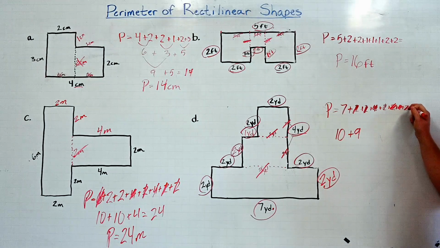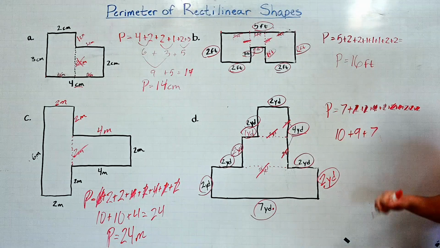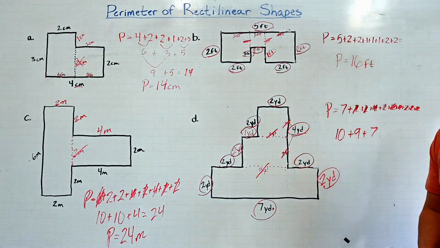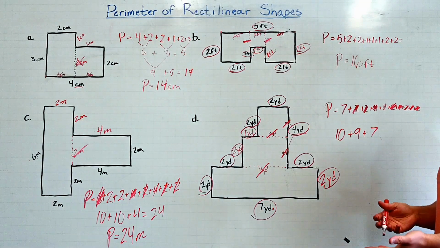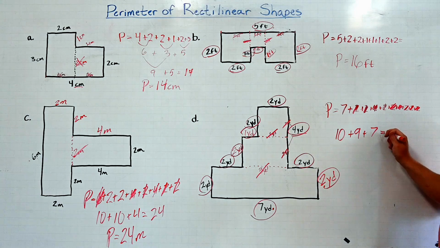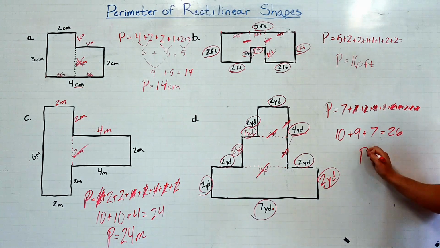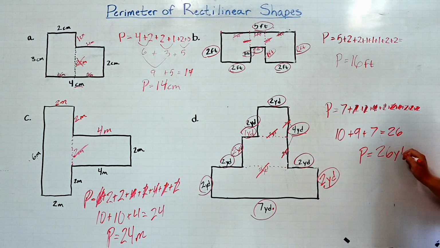Don't quite get to 10, but I got 9. And then my 7 is by itself. So let's try this. I got 10 plus 9, which is 19, plus 7 more. So what's 19 plus 7 more? 26. So the perimeter for this shape is 26 yards.